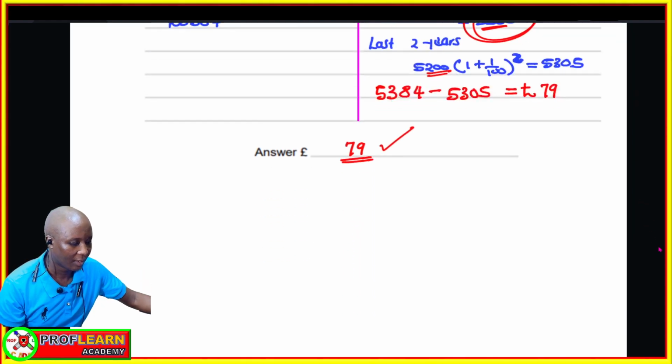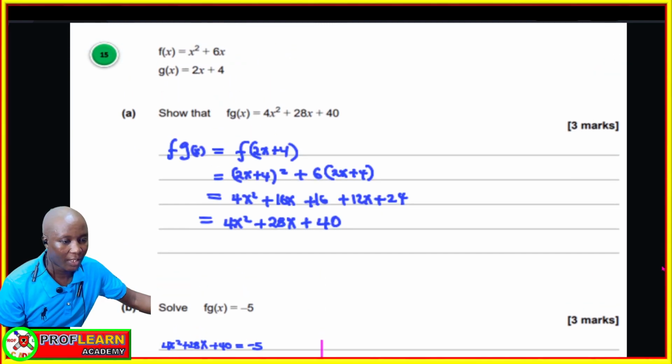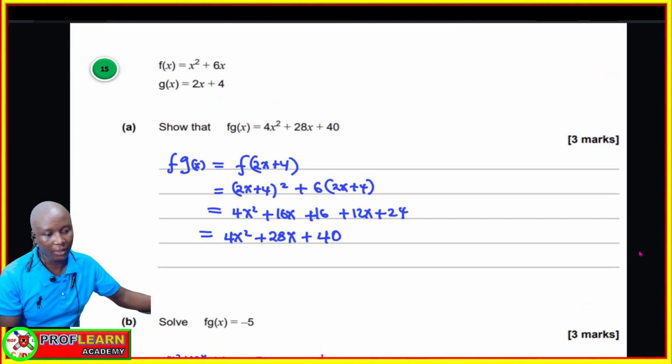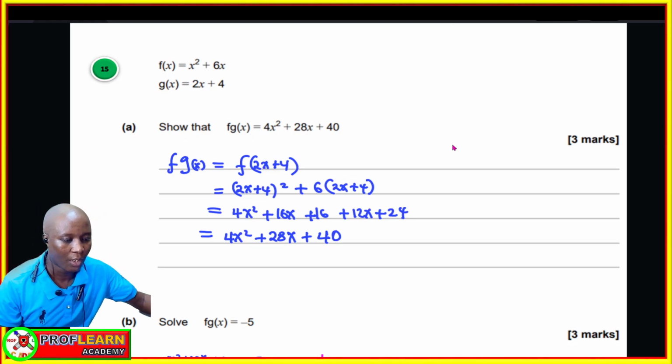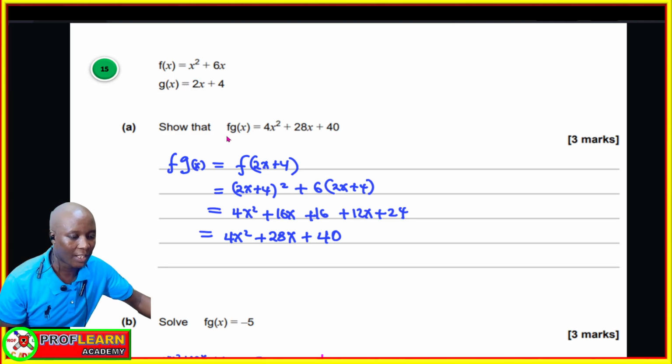Then we also have questions to do with functions. You can be told to work out a composite function. You can see here we are told to show that fg of x is equal to that. So meaning that anywhere you have x in the function f, you are going to substitute what g of x is.